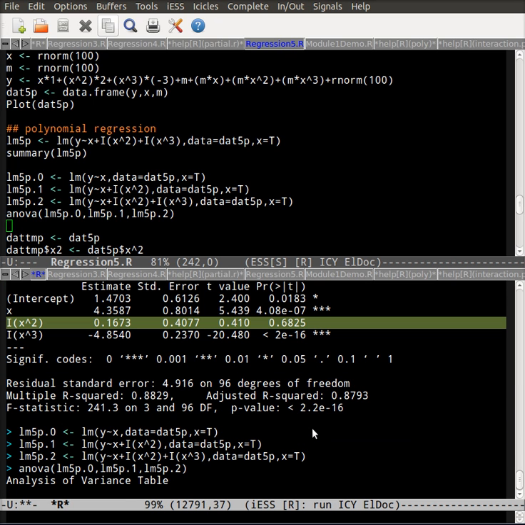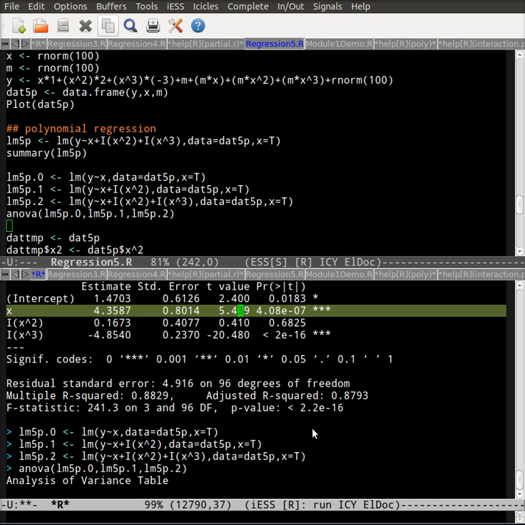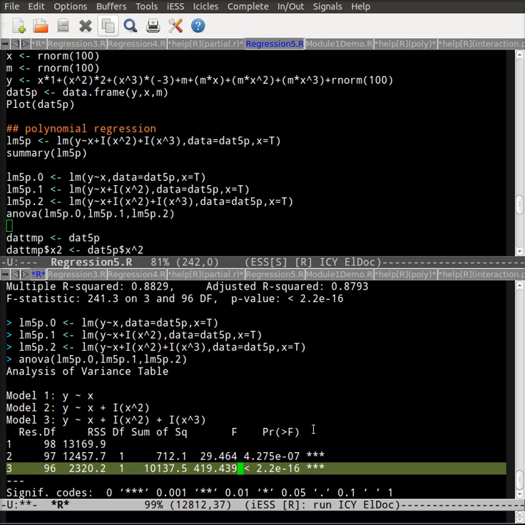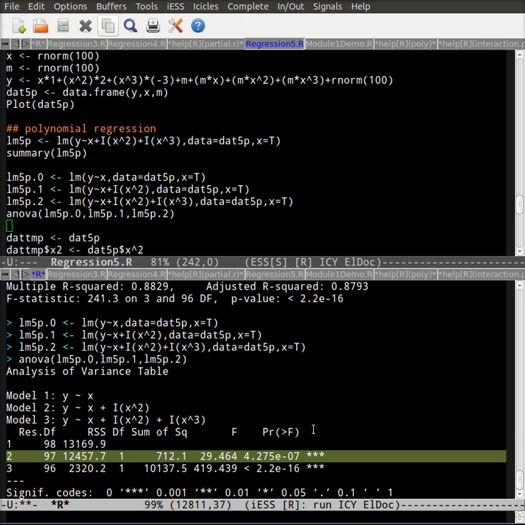Now if I come up here, I start out here, and my X is a significant predictor, but my X squared is not. But that's what I would expect, a non-significant relationship, since my X squared is non-significant in my previous model.